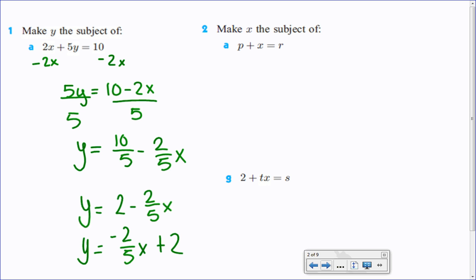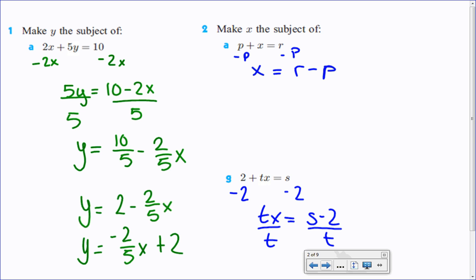Okay, here we're making x the subject, so we're just going to minus p, very straightforward. So minus p from both sides. X the subject here, so a minus 2 first, so tx equals s minus 2, and we'll divide by t. So again, super straightforward.